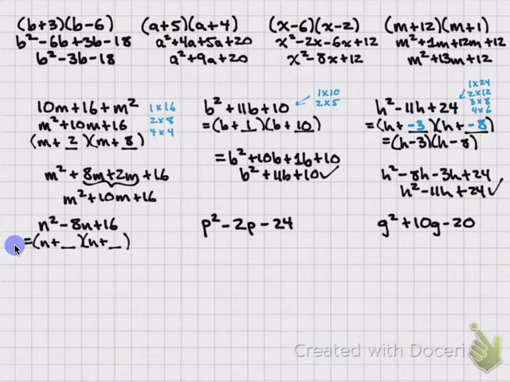All right, these two numbers have to multiply to give positive 16, and they need to add together to give negative 8. And you know what? I think two numbers that multiply to give positive 16 but add to negative 8 will be negative 4 and negative 4. So I think that this polynomial is going to actually factor to be n minus 4 times n minus 4.